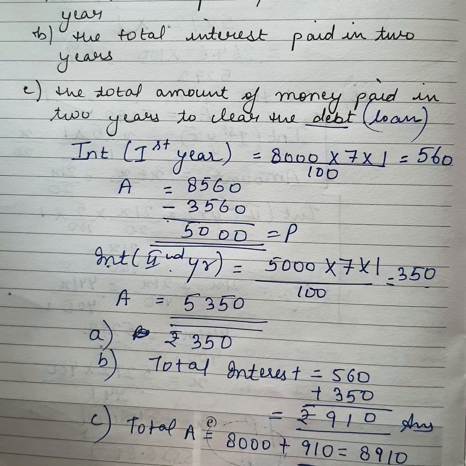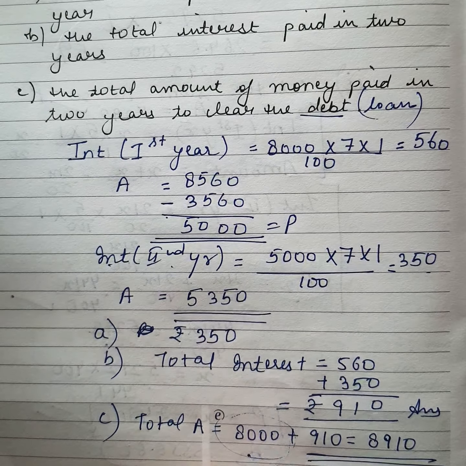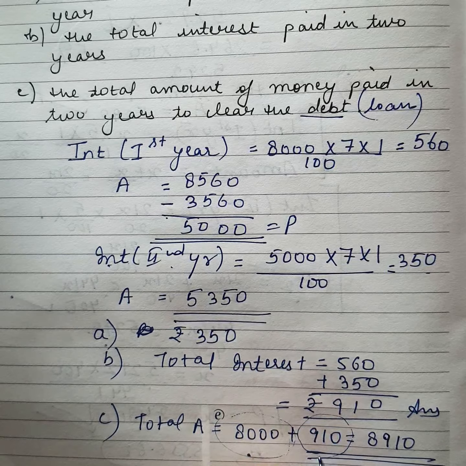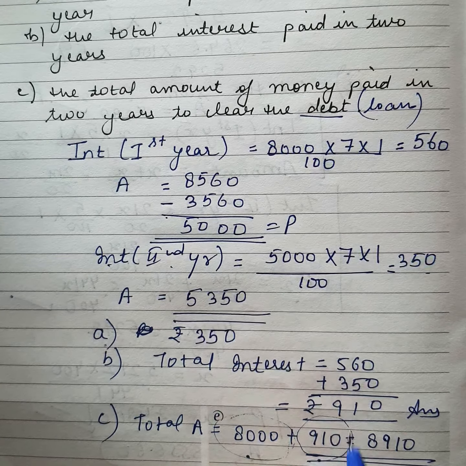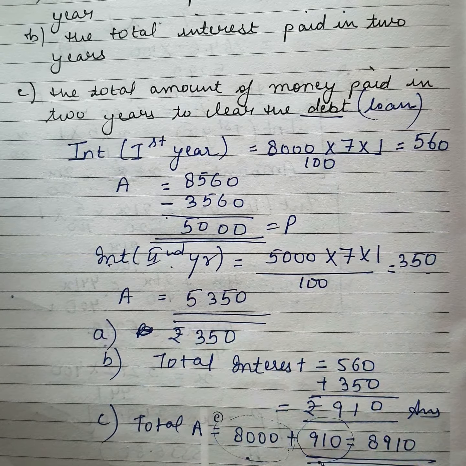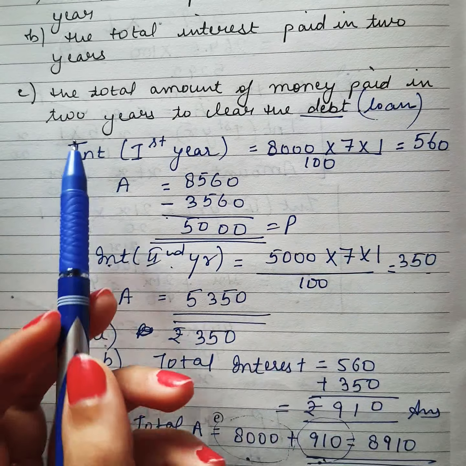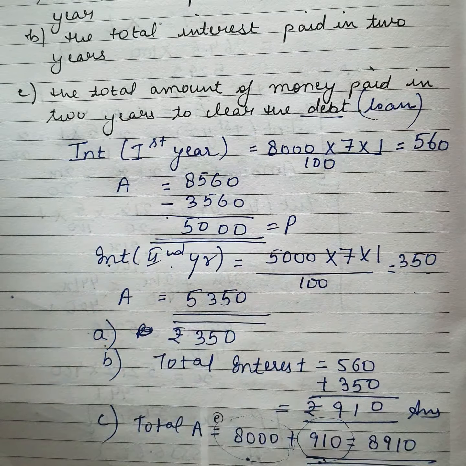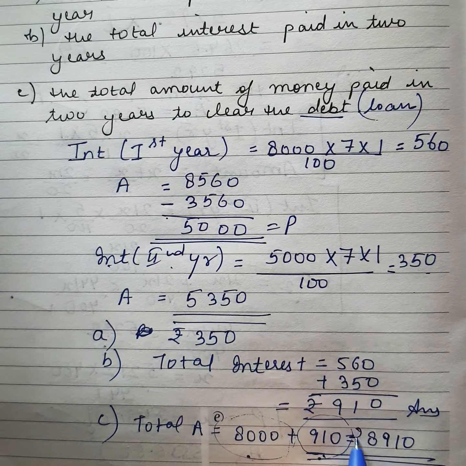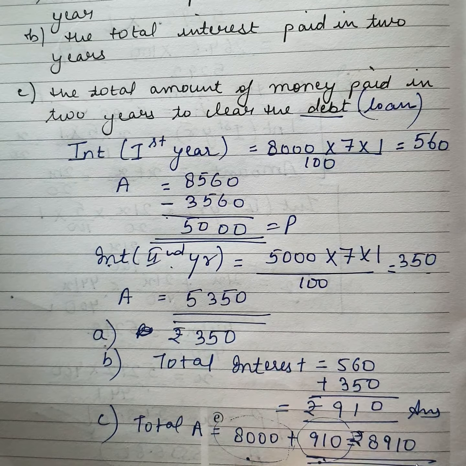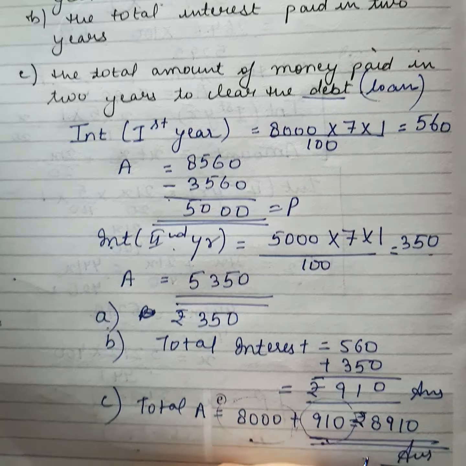The principal, the actual value needs to be returned, and the CI, both the interest of each year has to be returned. So the total amount of money paid back in 2 years to clear the loan. So the final answer is, repeat, 8910. Answer.